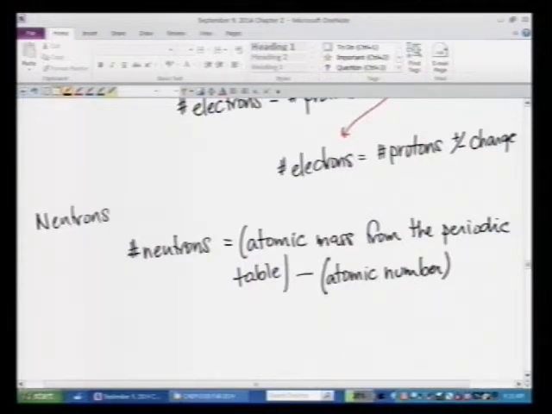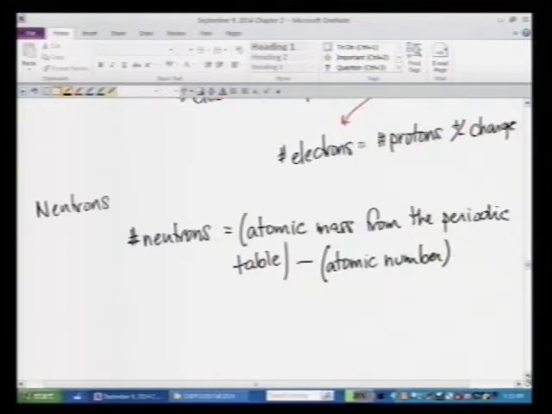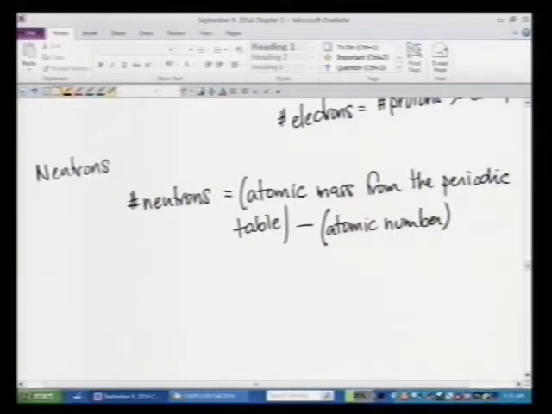Okay, so you take the mass from the periodic table and you subtract the atomic number, which is essentially subtracting the number of protons. Because the mass, for boron, for example, is 10.811. We round that up to the nearest whole number, because you can't have a fraction of a subatomic particle. It's either there or it's not.